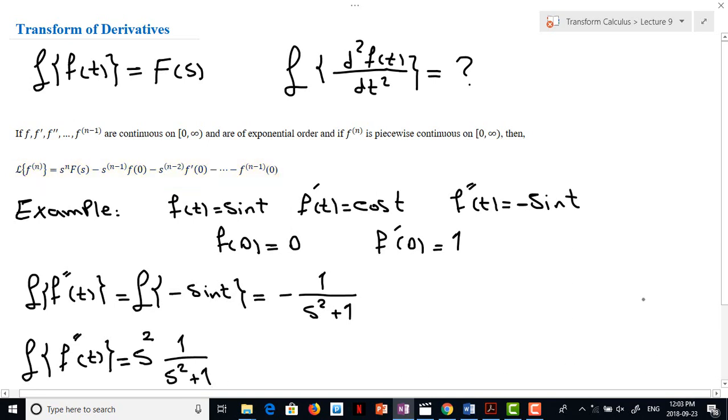In fact, I write it here. So F(s) is Laplace transform of f(t), so it's equal to Laplace transform of sine t, and it's equal to 1 over s squared plus 1.